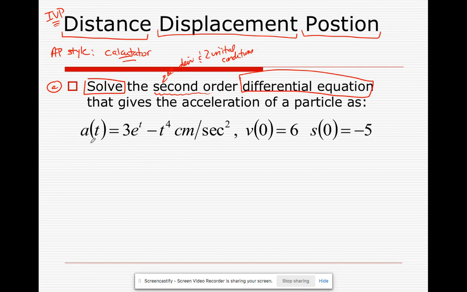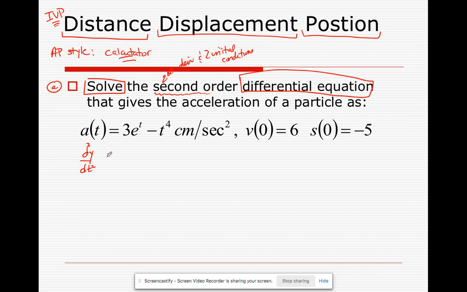So the language here tells you that this is acceleration. You have to know acceleration is the second derivative. So I'm going to use second derivative notation. I'm going to say the derivative with respect to the independent variable t of a function I'm going to call y, just because I'm used to it.